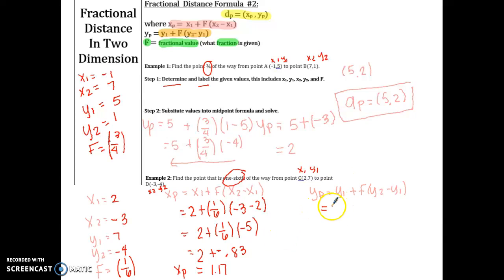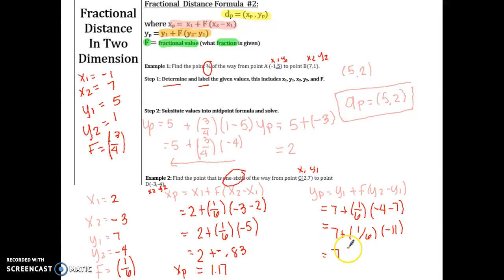So y1 is 7 plus 1/6 times (y2, which is negative 4, minus y1, which is 7). So right to left, negative 4 minus 7 is going to give us negative 11.